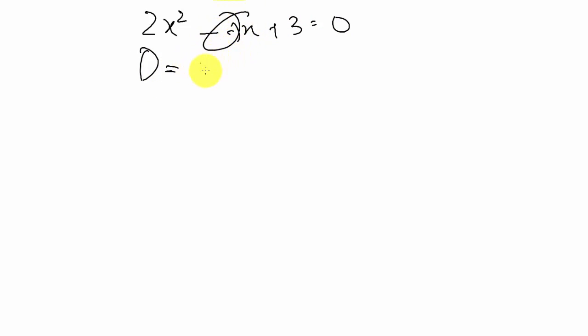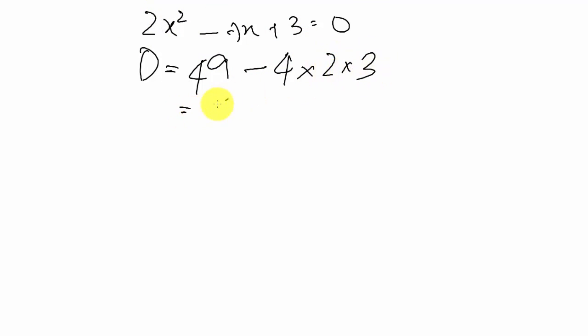I'm going to take the help of the same question to explain how discriminant works. 2x square minus 7x plus 3 equal to 0. Your discriminant is equal to b square, that is this square, that is 49, minus 4 into a into c. Now that is 2 into 3, that is 49 minus 24, that is equal to 25.